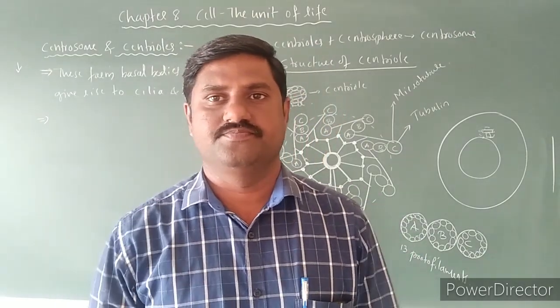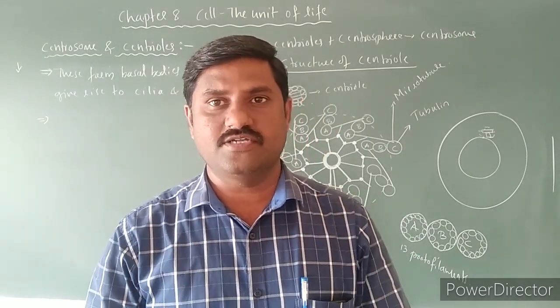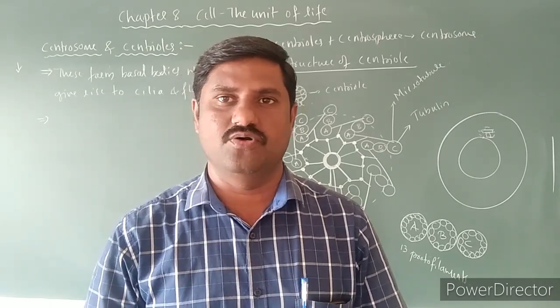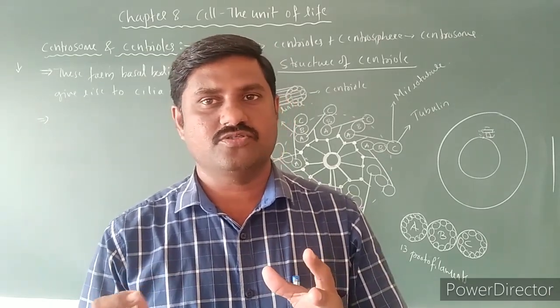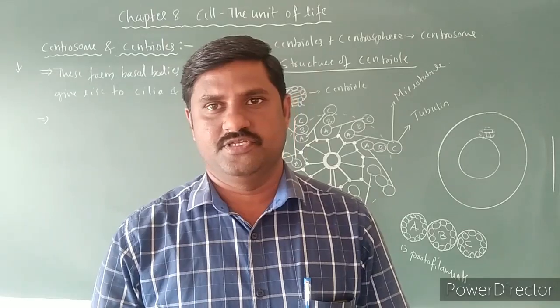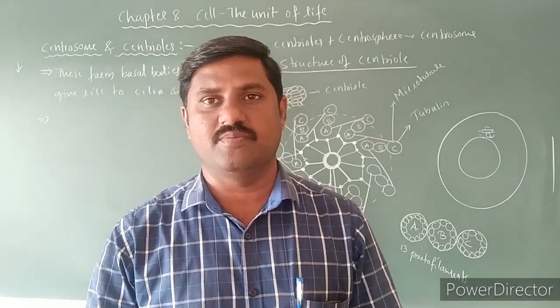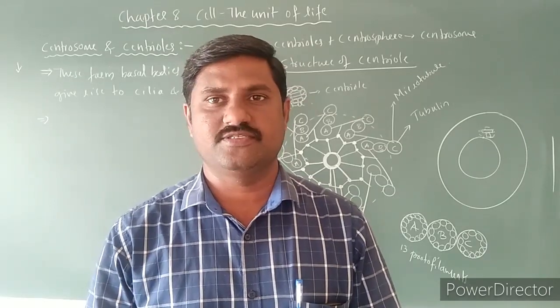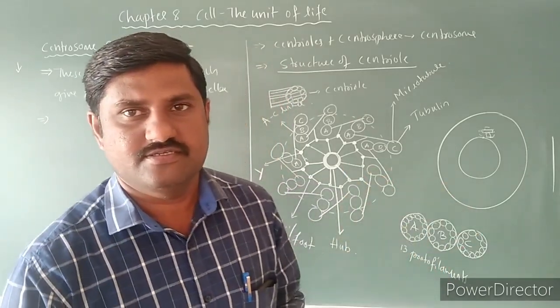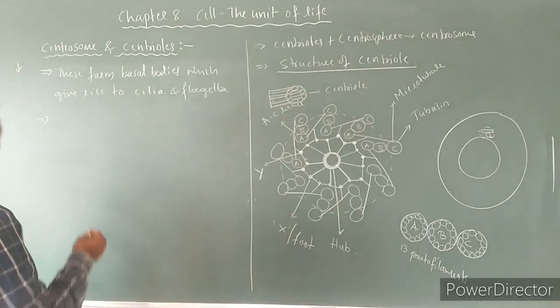This is one function of the centriole, and another major function is the organization of what? During cell division, you know, the chromosomes are hanged to spindle fibers. Those spindle fibers are usually formed by the microtubules, which are formed from these centrioles, right?